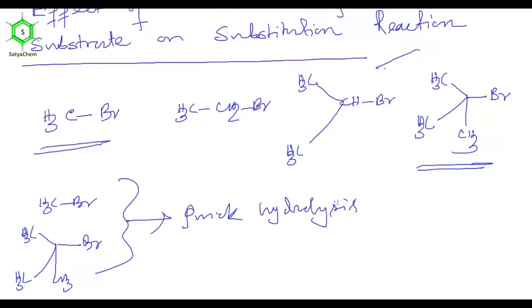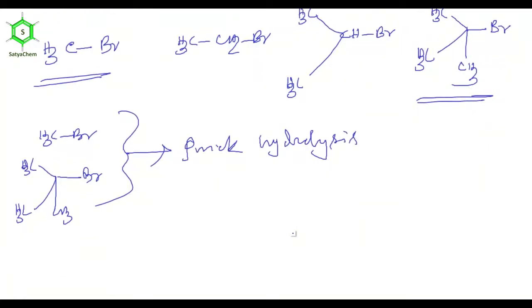Right now I am not telling which one is involved in SN1 or which one is involved in SN2. That I am not going to say. But the observation is that these two substrates undergo alkaline hydrolysis. Clear?